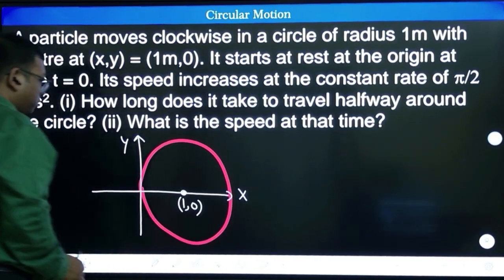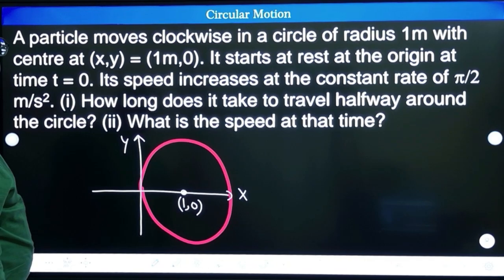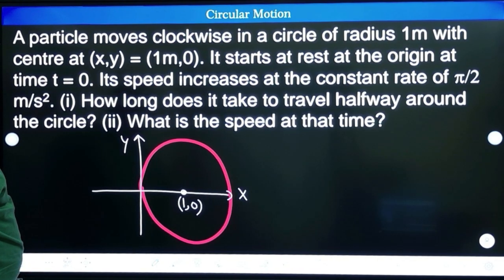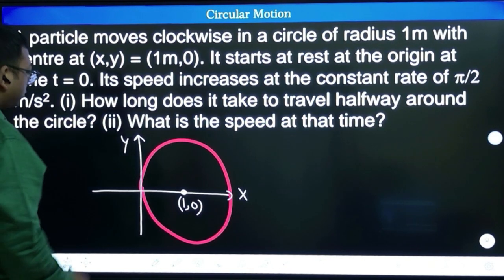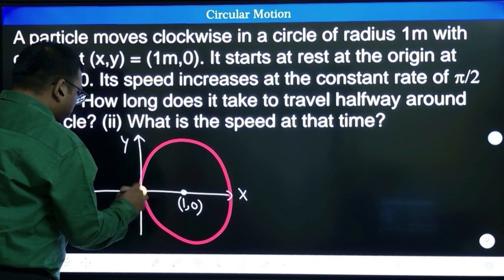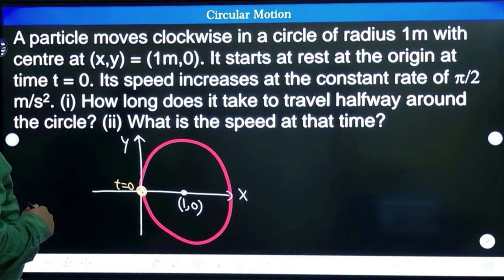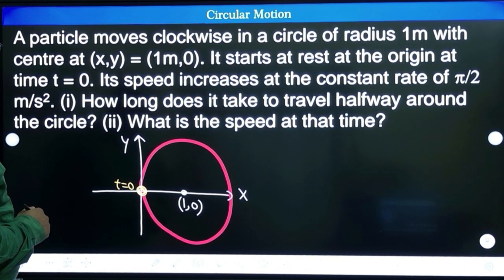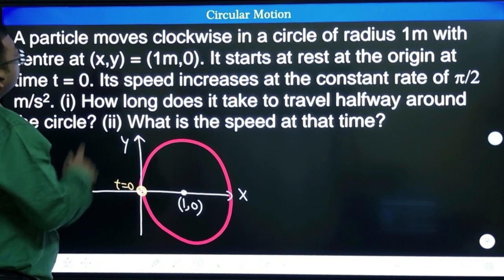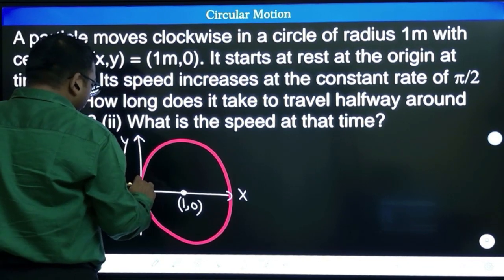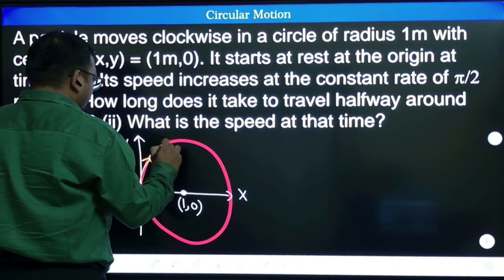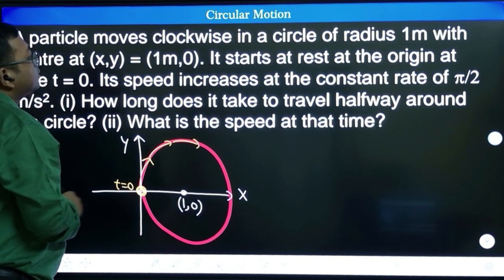It starts at rest at the origin, so initially at time 0 it was here. The speed increases at a constant rate. They have not said which direction. Oh, clockwise, they have given clockwise. So it is moving this way.